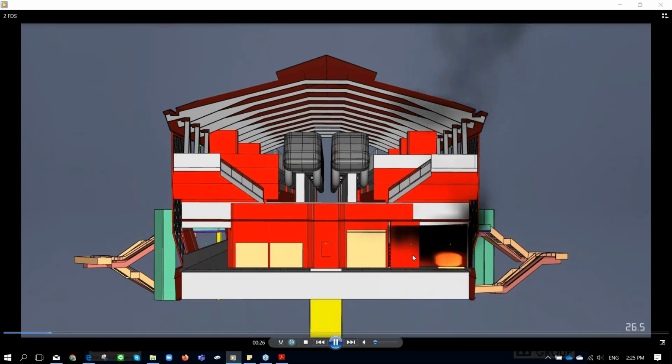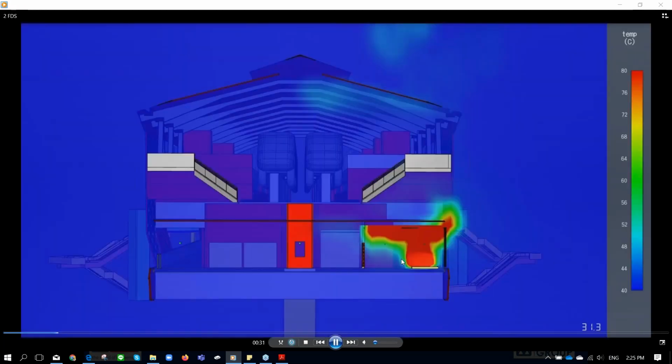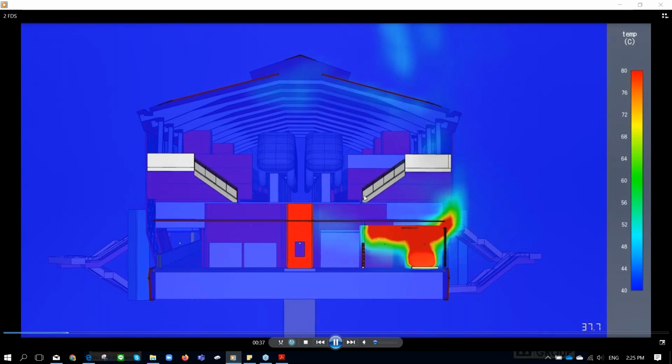Okay, so one of the worst cases is this one. This room is called the AARU room. It is the room that stores the brake energy of the trains. And for some bad days, it would explode.